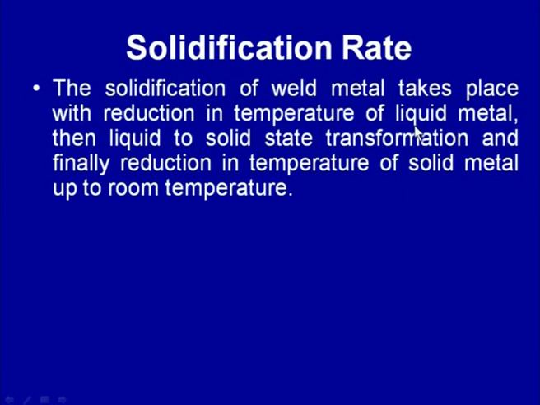So, depending upon the rate at which solidification occurs, the weld structure and the properties of the weld metal are decided. We know that the solidification of the weld metal takes place with the reduction in temperature of the liquid metal, then the liquid to solid state transformation takes place, and finally the reduction in temperature of the solid metal up to room temperature.